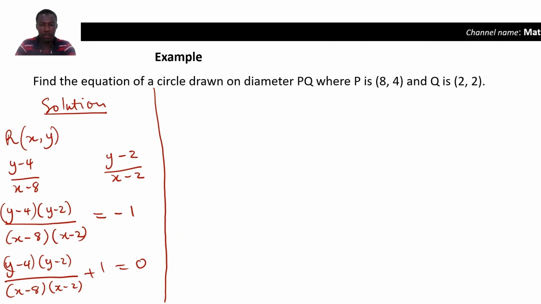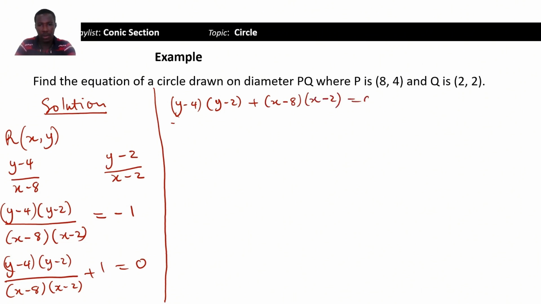That will give me (y minus 4)(y minus 2) plus (x minus 8)(x minus 2) equals 0. Now I will open the bracket and simplify.